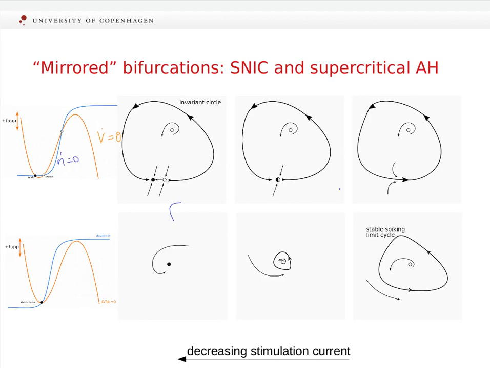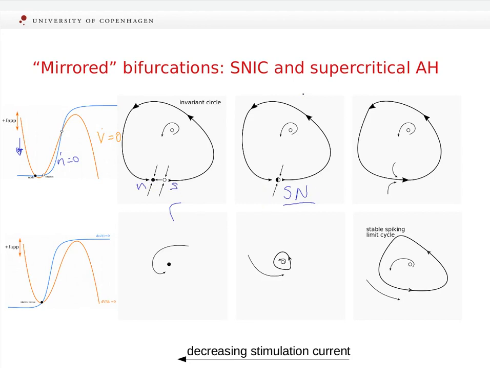As the two nullclines touch here, as we shift the applied current down, as we shift the V nullcline down, we get the saddle node equilibrium point, and then the two equilibrium points are separated. So one is a node and the other one is a saddle.